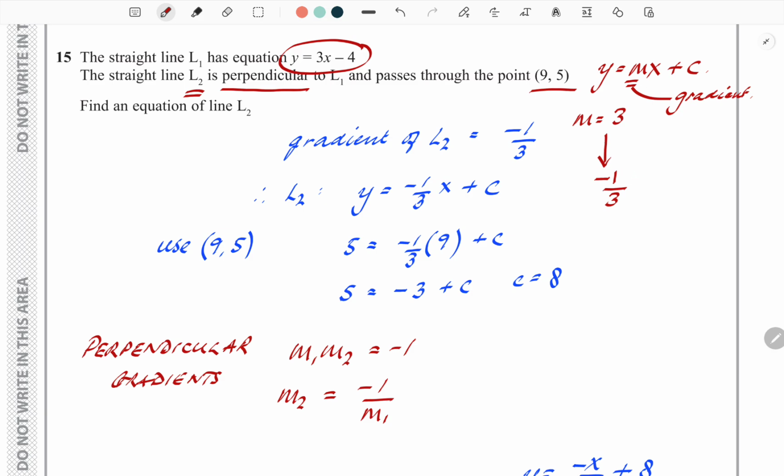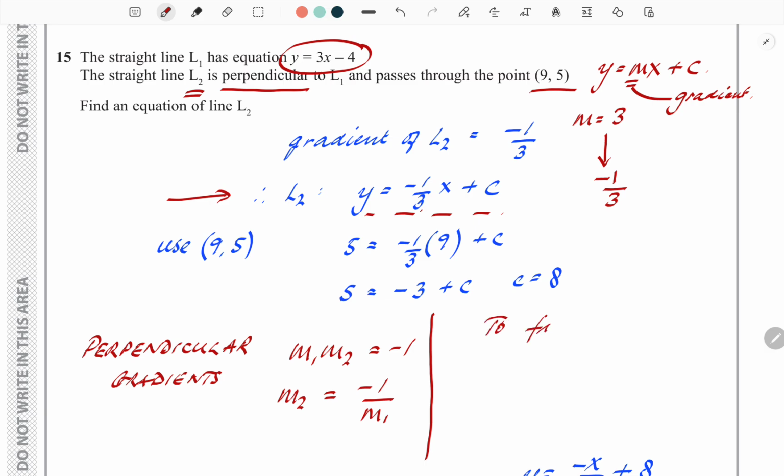Okay, so now the second step is that line 2 has equation y equals minus 1/3 x plus c, all right? Okay, how do we find c? And we'll just write this here.